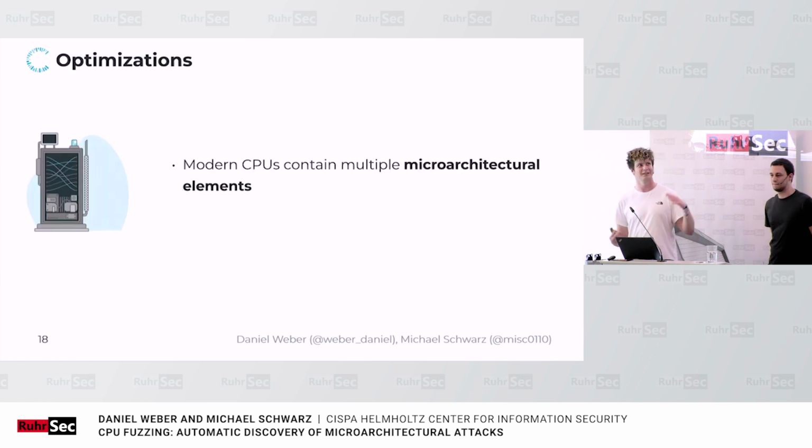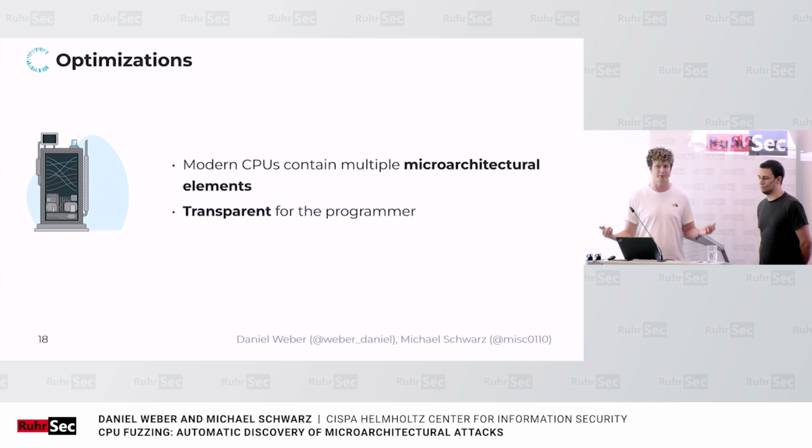Typically, modern CPUs contain lots and lots of different microarchitectural components, and they all interact with each other. But luckily, they're transparent for us as programmers. If I write a program, let's say Hello World or even something more complex, I don't care whether it is executed on my Intel laptop or on an AMD laptop.